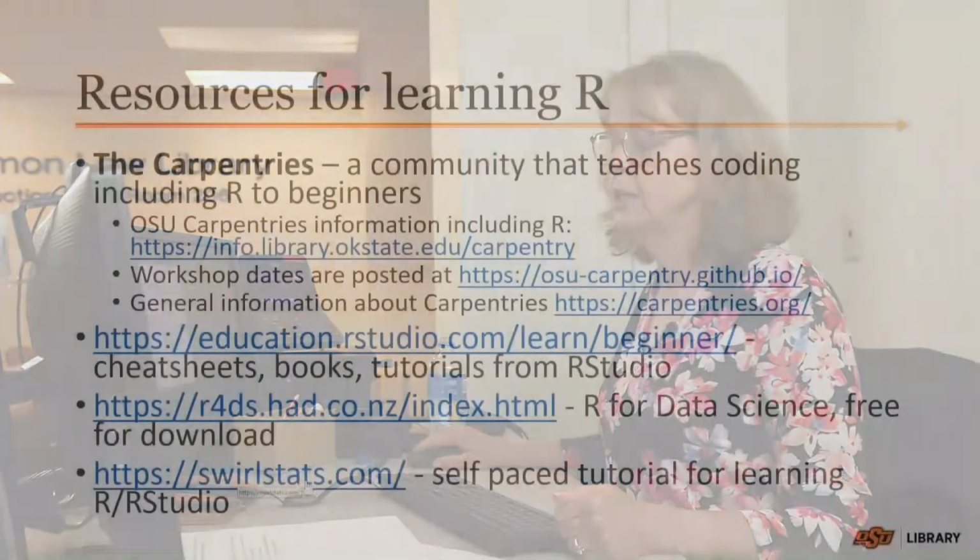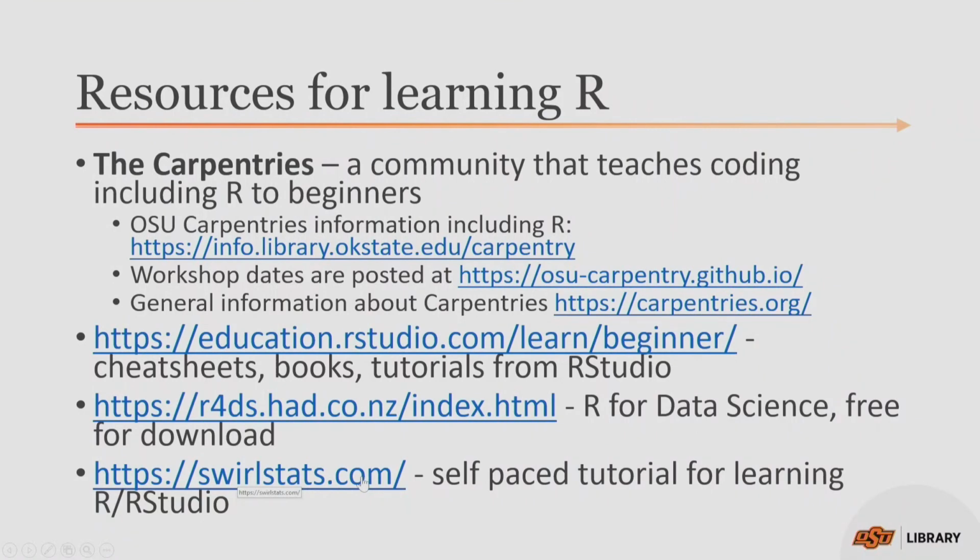This URL will take you to all kinds of information that's good if you're learning R and using RStudio. I've already mentioned R for Data Science many times, so there it is again. And then the last thing here is something called Swirl Stats. That is a self-paced tutorial. It'll walk you through every phase of learning R, and I think it's excellent.